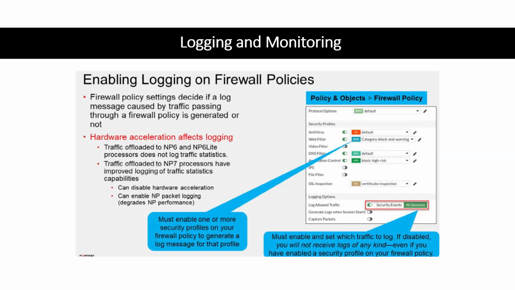But as we've been learning about security, sometimes we don't know enough information about an attack before it happens. Sometimes that indicator of compromise is already in our network. So what I would recommend is to log allowed traffic and make sure you hit all sessions.